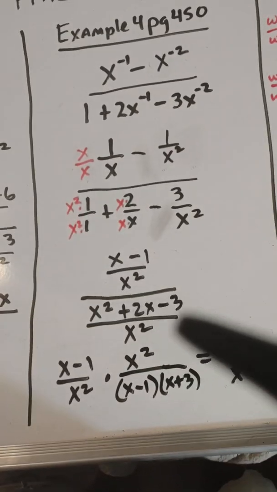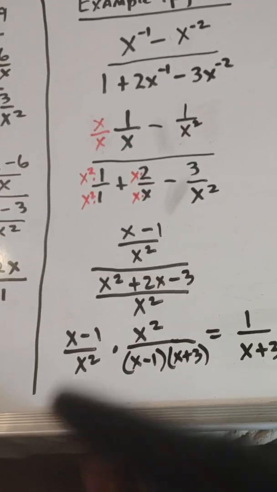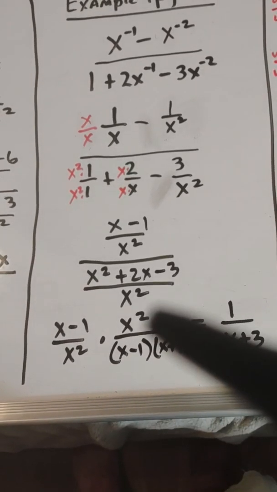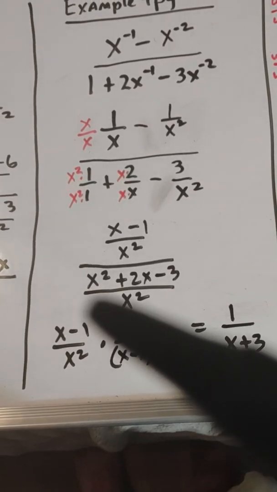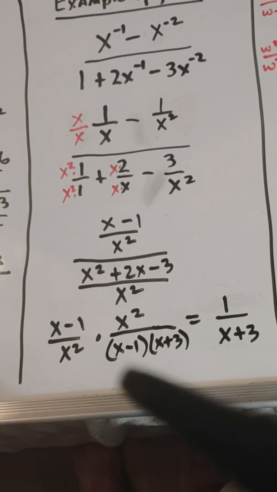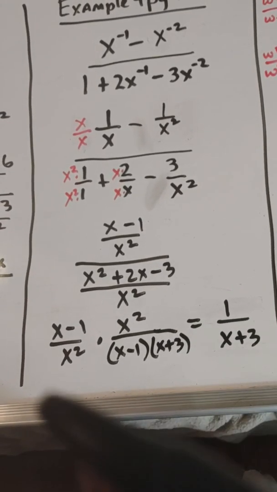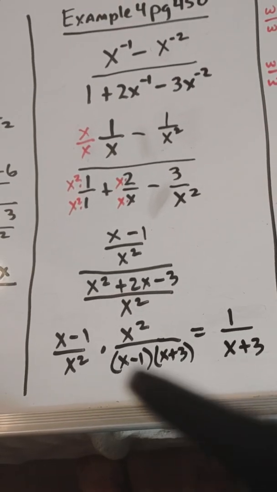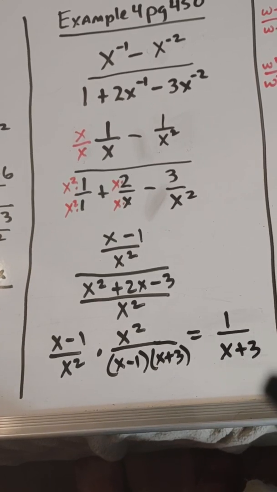Now I got a fraction divided by a fraction, so I'm going to take the top fraction and multiply by the reciprocal of the bottom. So this x squared goes on top. I factor this, x squared plus 2x minus 3 becomes x minus 1 times x plus 3. The x squares become 1. X minus 1 becomes 1. We get 1 over x plus 3.